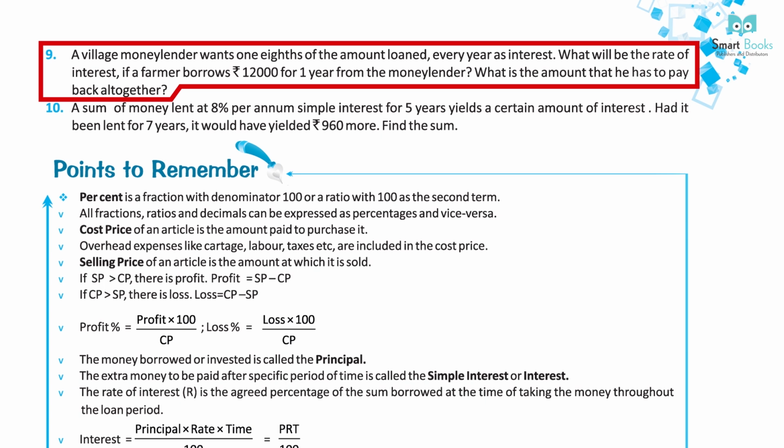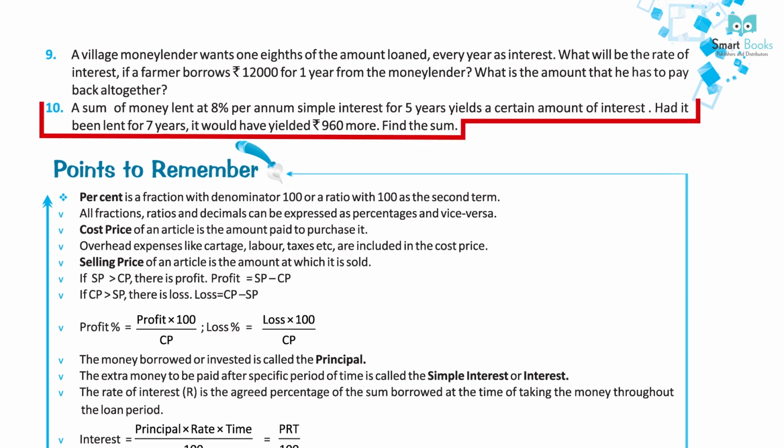Amount is equal to rupees 13,500. Question 10. A sum of money lent at 8% per annum simple interest for 5 years yields a certain amount of interest. Had it been lent for 7 years, it would have yielded rupees 960 more. Find the sum. Solution: principal is equal to rupees 6,000.